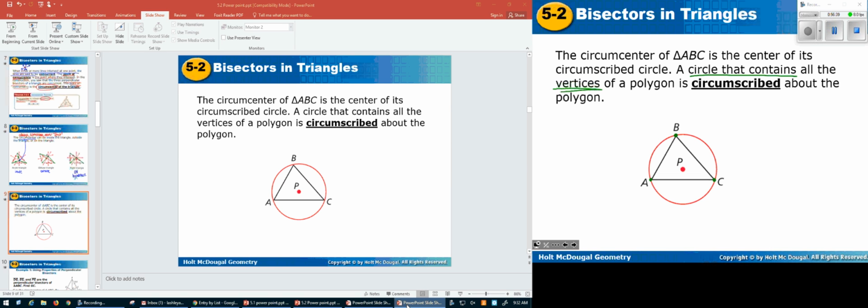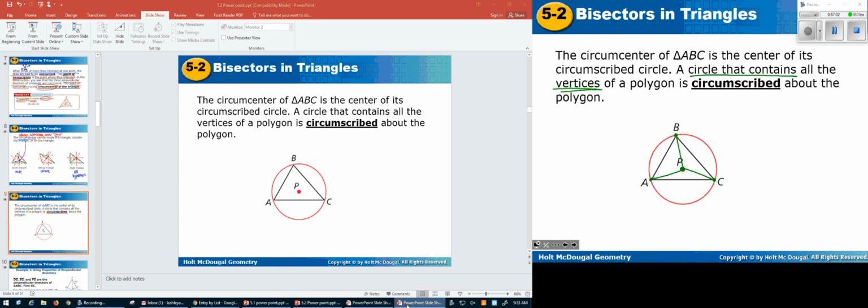That's a circumscribed circle. Notice, if this is the circumcenter and the circumcenter is the center of the circle, what is this distance from the circumcenter to each vertex going to be in the circle? What is PB in the circle, or PC in the circle, or PA in the circle?